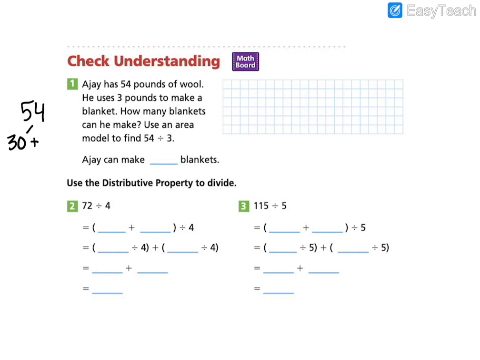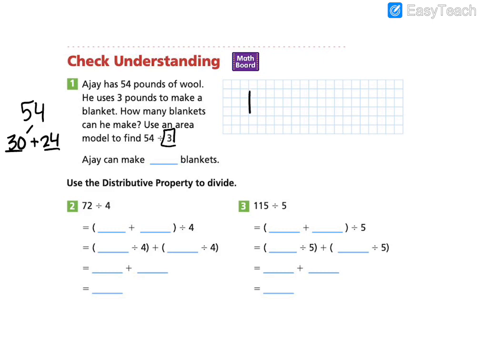What would be remaining if I took 30 away? Because remember, I'm looking for multiples of 3. 30 is a quick, big multiple of 3 that's in 54. Remaining would be 24. Also a multiple of 3. So I'm good to use these two numbers.